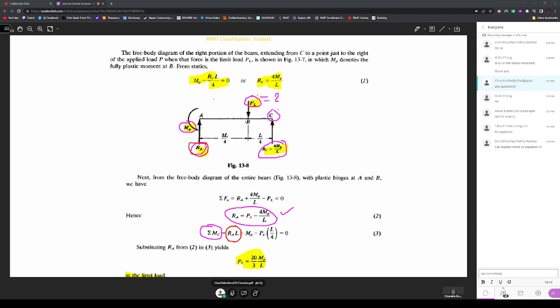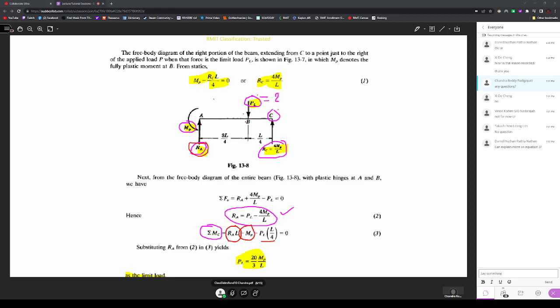The next moment here is the plastic moment at B, which is negative. Then the moment due to PL. What is the moment due to PL at point C? PL into the distance L over 4, so minus PL into L by 4.